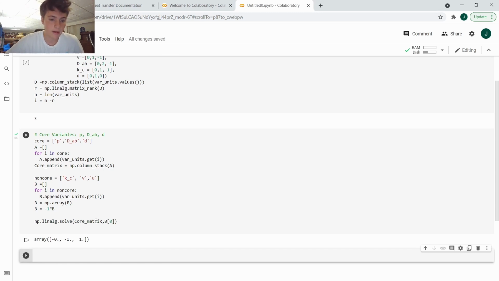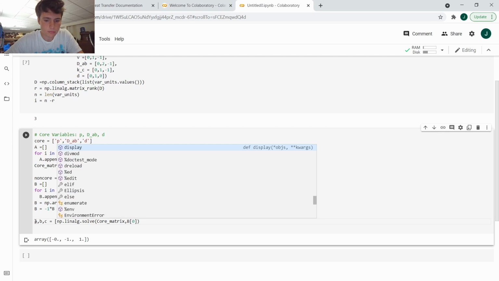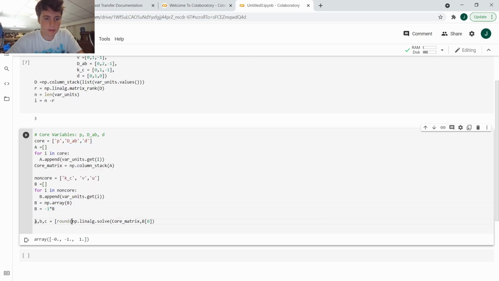I'm going to be displaying our dimensionless variables using SymPy, and I don't want to deal with floats here, so I can just round these. So I'll say A, I'll get the variables out of this, is equal to round i for i in this.